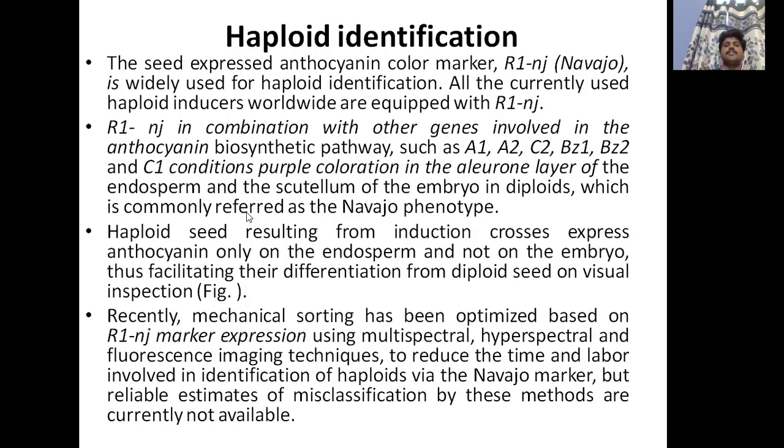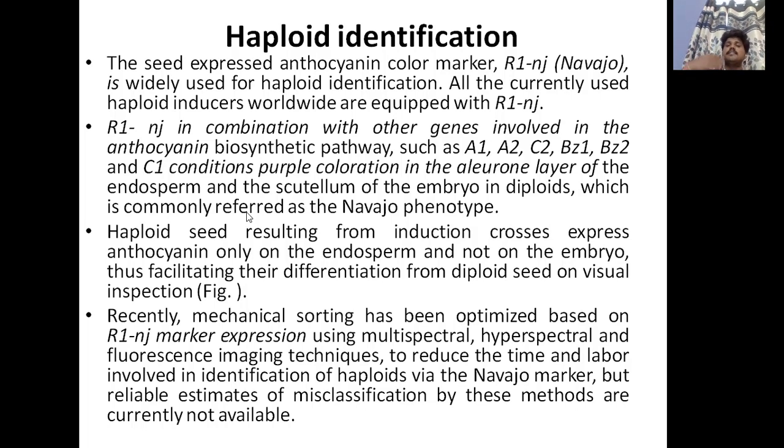For haploid identification, the seed expressing the anthocyanin color marker R1-nj, called the Navajo phenotype, is widely used. All the currently used haploid inducers worldwide are equipped with the R1-nj phenotype, and R1-nj, in combination with other genes involved in anthocyanin biosynthesis pathways such as A1, A2, C2, BZ1, BZ2, and C1, conditions the purple coloration in the aleurone layer of the endosperm and also the scutellum of the embryo in diploids, which is commonly referred to as the Navajo phenotype.